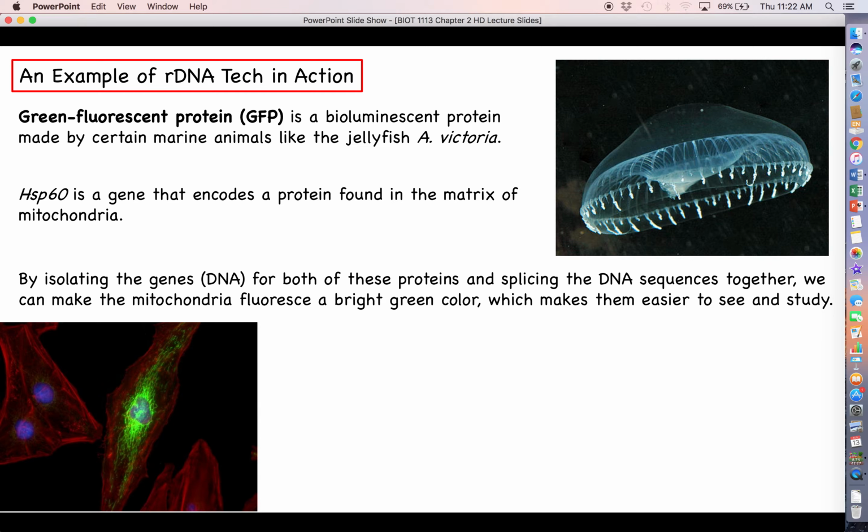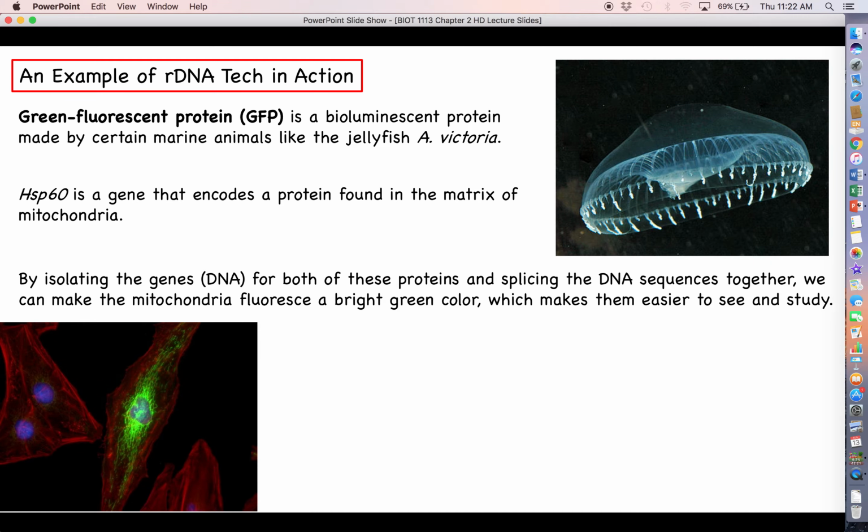Well, what if we wanted to make it so that the mitochondria inside of a cell fluoresce green? Mitochondria do not usually glow in the dark, but through recombinant DNA technology, we can make the mitochondria glow in the dark like this.